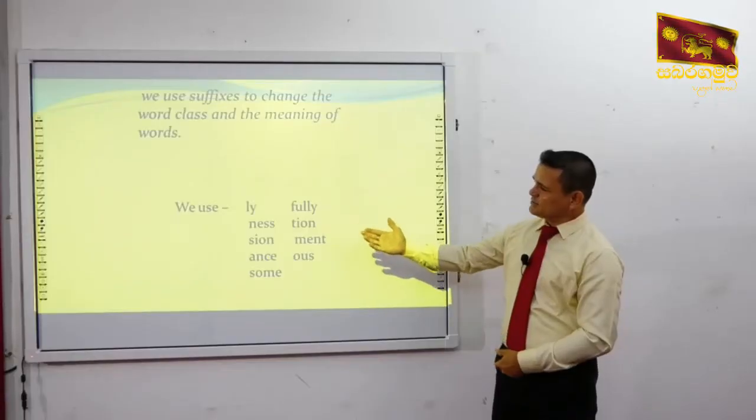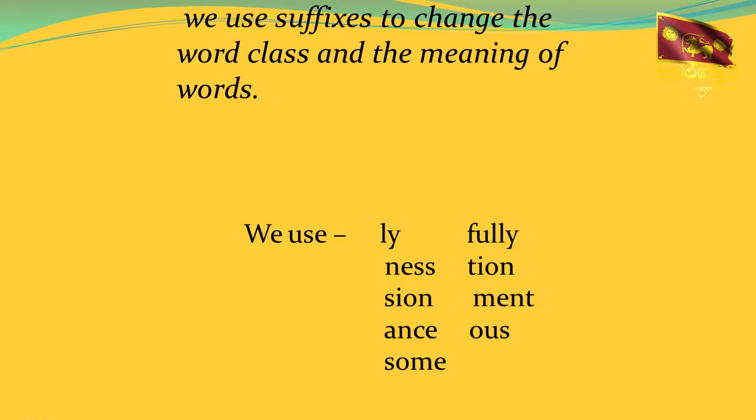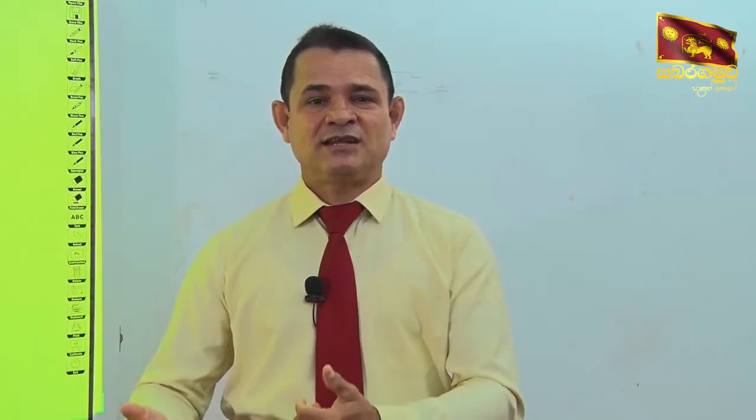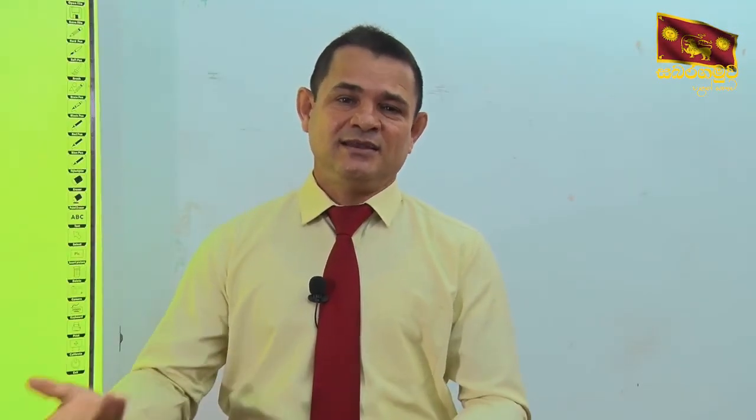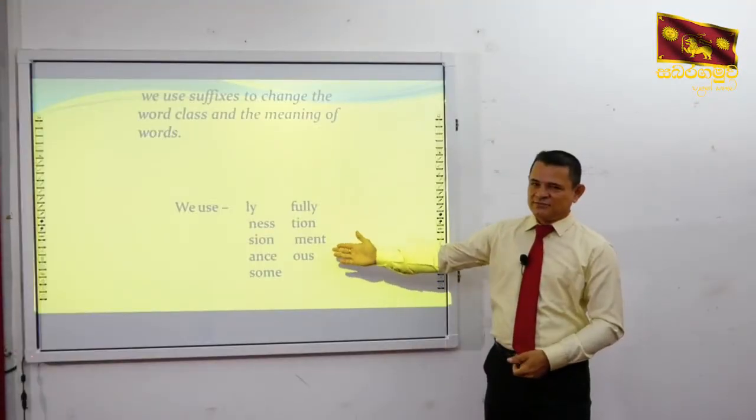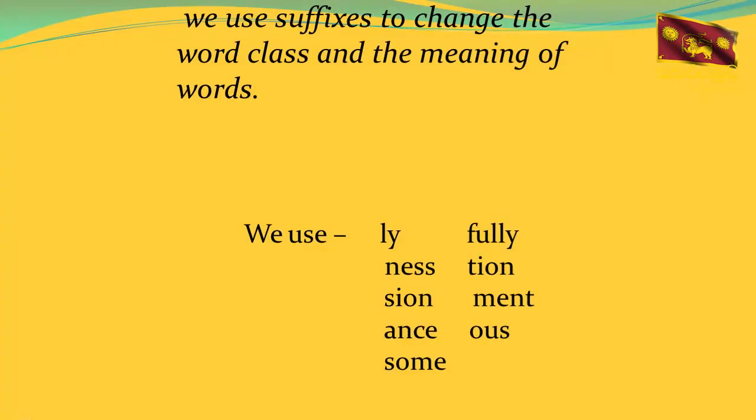So that is, we use ly like fully. Ly is a suffix, which changes the word class. And also ness, like kind is an adjective. Adjective becomes a noun by adding ness, kindness, with a double s. So likewise these suffixes, when you add these things the word class changes.